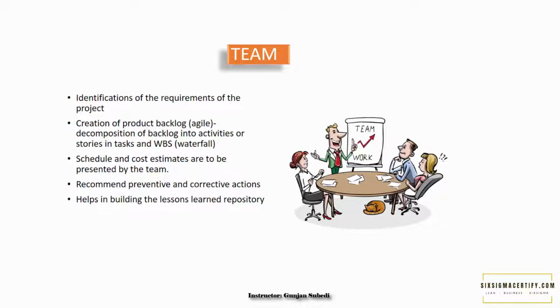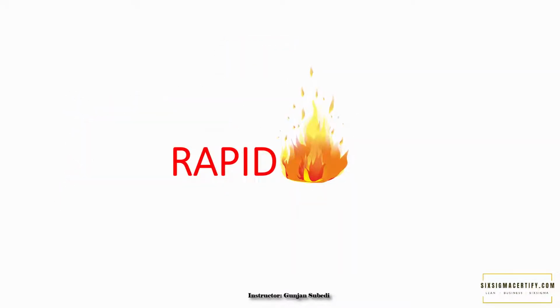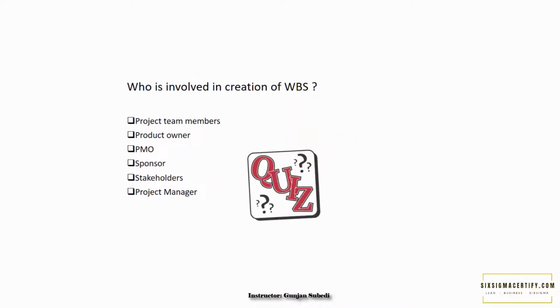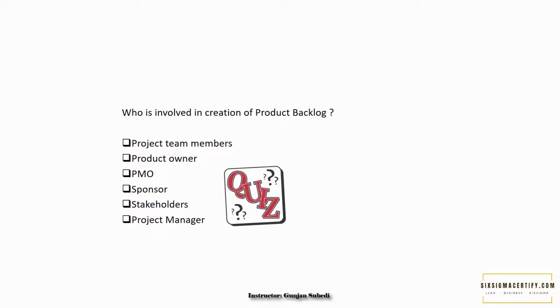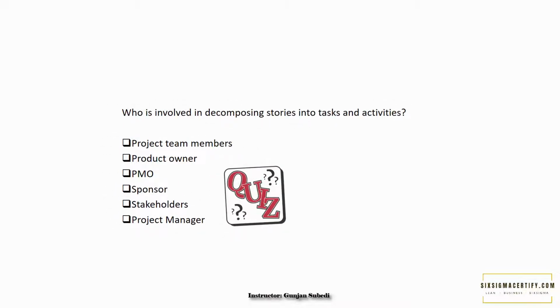Let me take you to the practical part of the lesson again, and this could be valuable for you to practice for the exam. Let me do this as a rapid fire round. First rapid fire question: who is involved in creation of the WBS? Who is involved in creation of the product backlog? Who is involved in decomposing stories into tasks and activities?